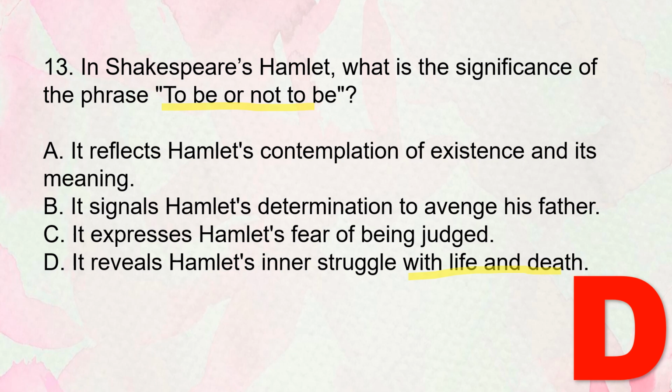Letter A is incorrect because while it involves existence, the focus is more on Hamlet's inner turmoil than on broader existential meaning. And letter B, it is not directly related to his plans for revenge. And for letter C, the soliloquy doesn't emphasize fear of judgment. That's why letter D is the best answer.